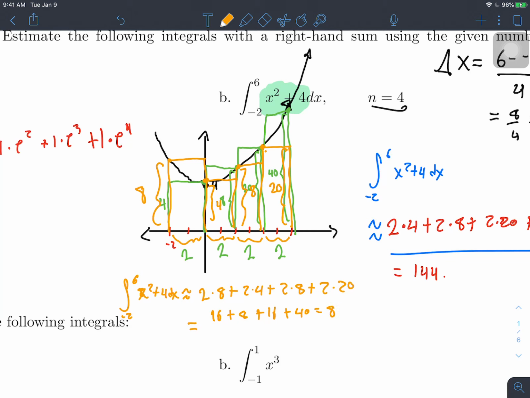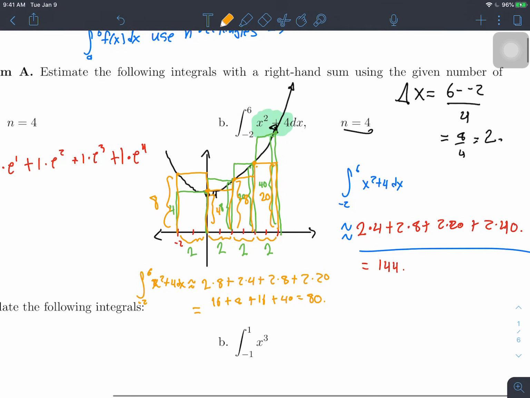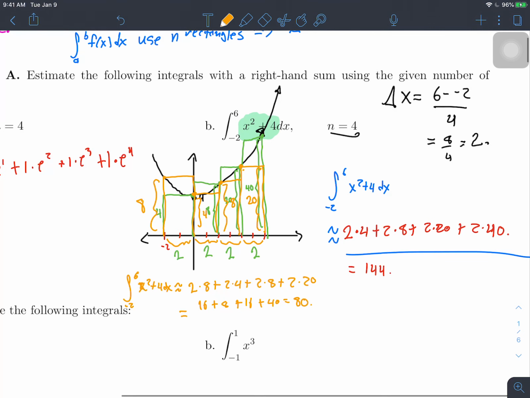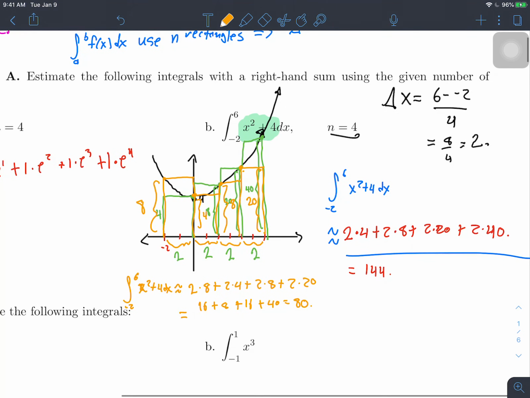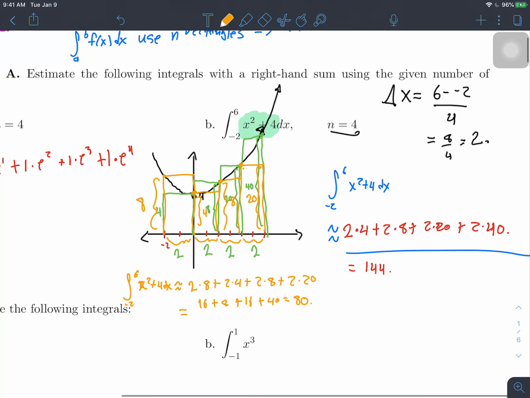Is that right? 16 plus 16 is 32, plus 8 is 40. Yeah.